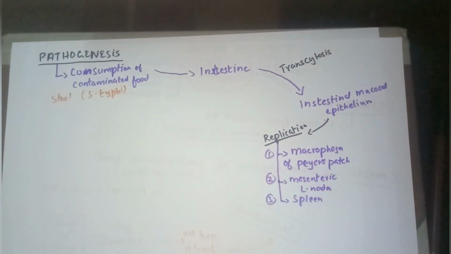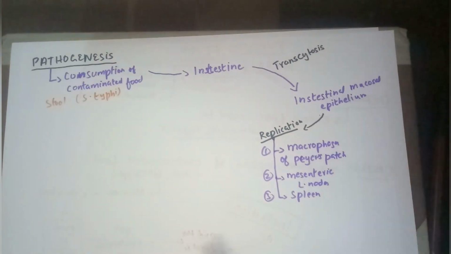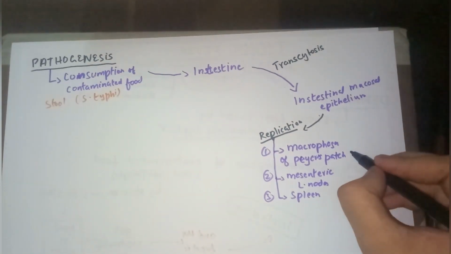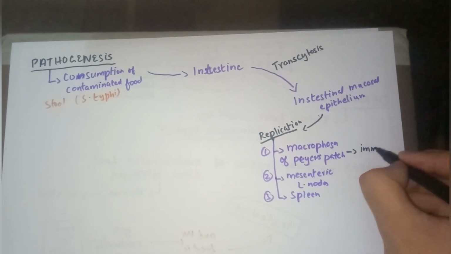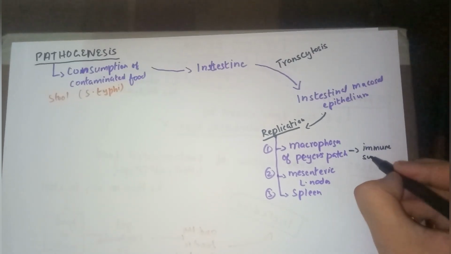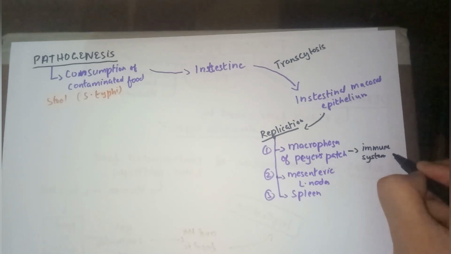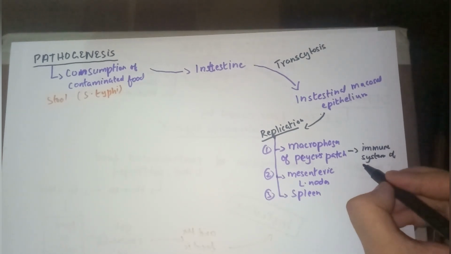Okay, in 3 places. And what is the Peyer's patch? Let me tell you, if you guys don't know, Peyer's patch is the immune system of the intestine. Okay, immune system of the small intestine.